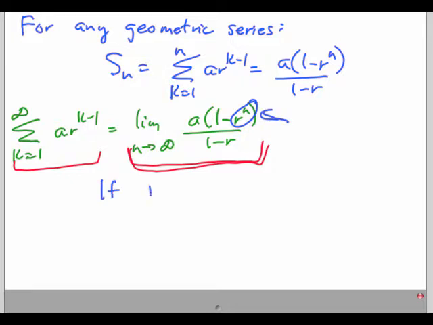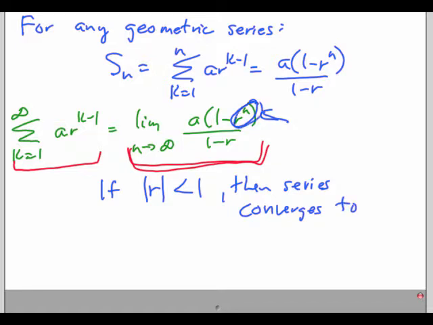If our value of r was between -1 and 1, then the series converged, and if that's going to 0, we're left with a over 1 minus r, which is what our series converges to. That's our sum of our series.